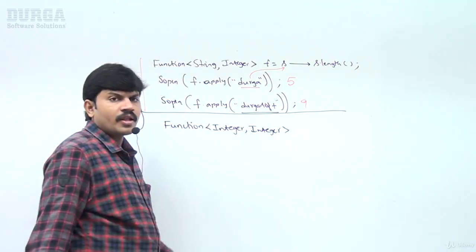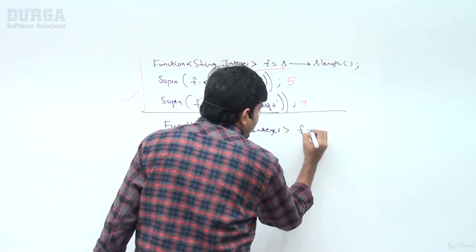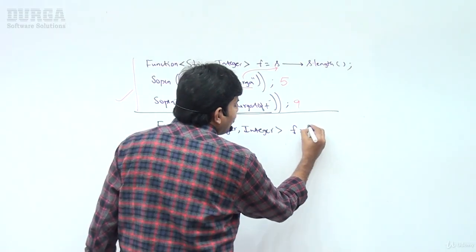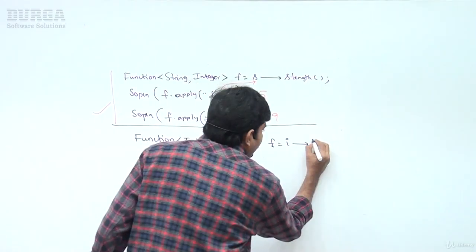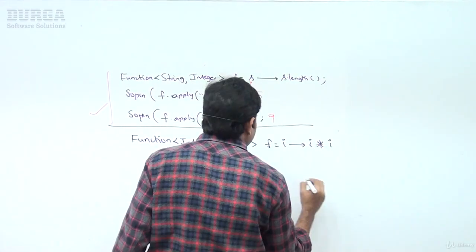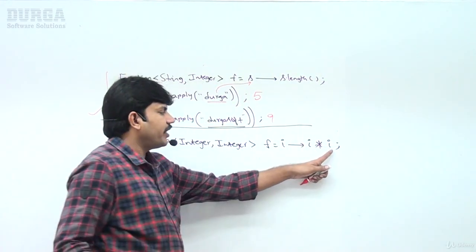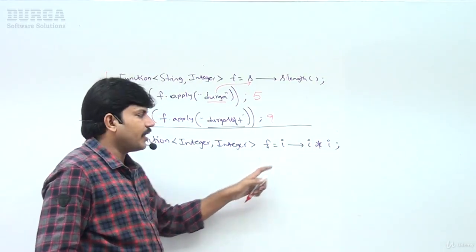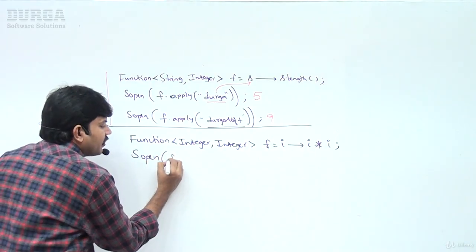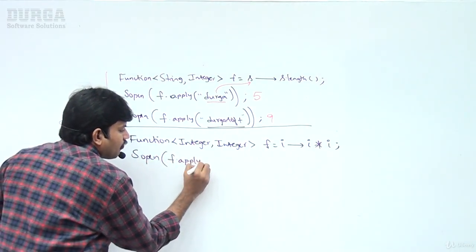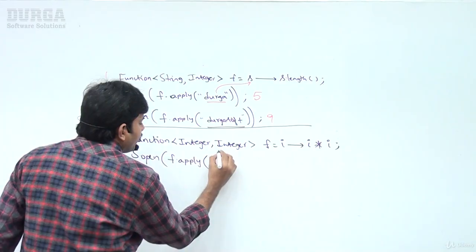Function<Integer, Integer> f = i -> i*i. If I provide an i value, then I have to return i into i. Are you getting that? Square, i into i, I have to return. Next, System.out.println(f.apply(5)).